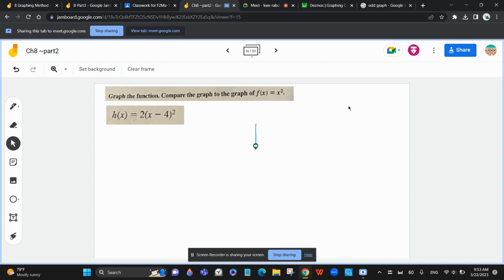To graph it, there are many ways you can solve it.